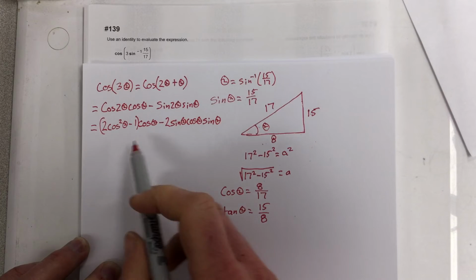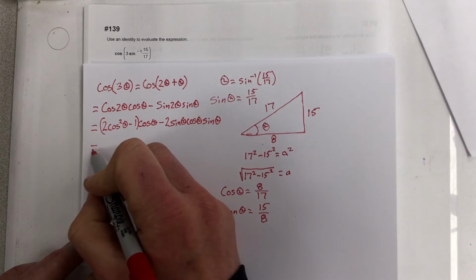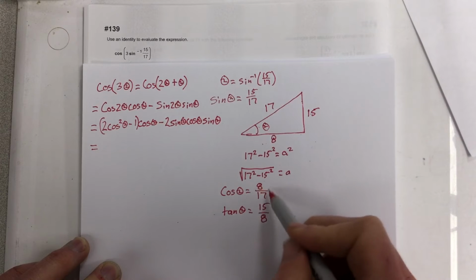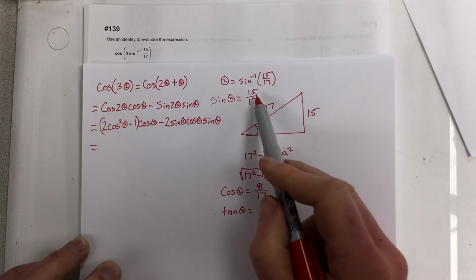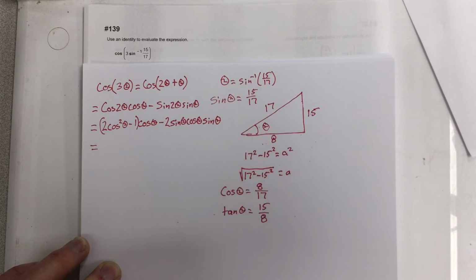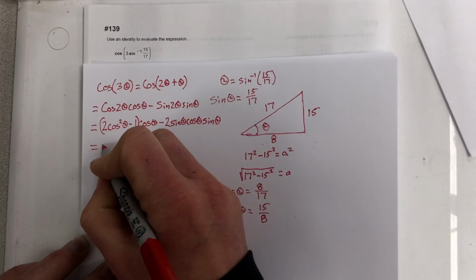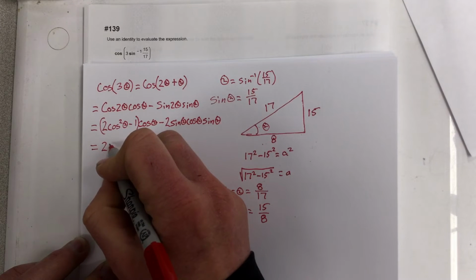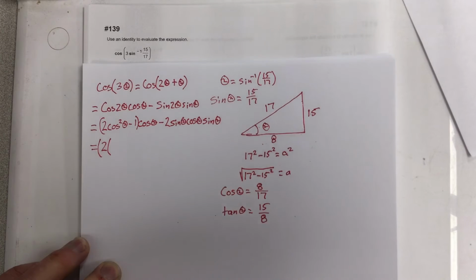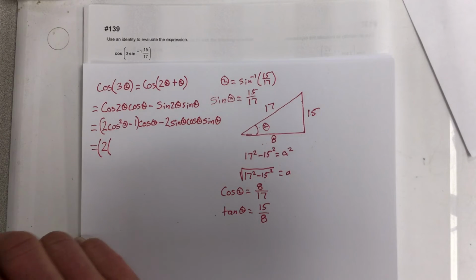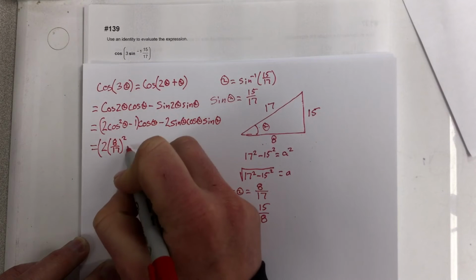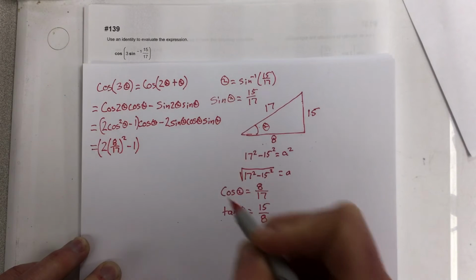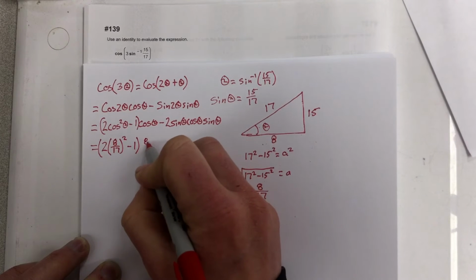So I'm at a good spot now where I can actually do some substitution of the ratios that we have. All I have to do is plug in 8 over 17 for anywhere I see cosine theta, and then plug in 15 over 17 for anywhere I see sine theta. So I start writing this. This is 2 times, this would be 8 over 17 squared minus 1 times 8 over 17.